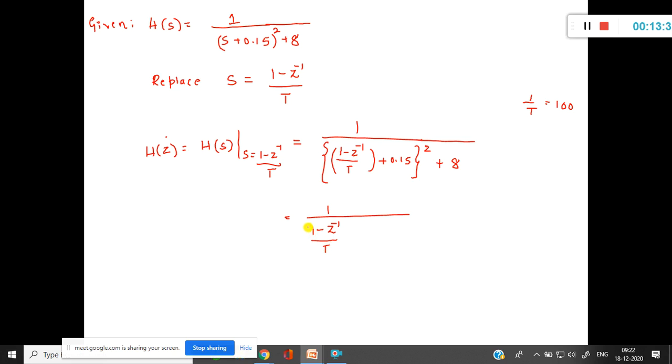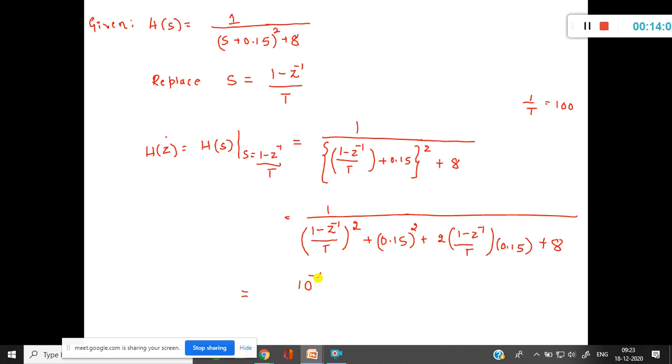So this is going to be (1 minus z inverse) whole square, a squared plus b squared, that is 0.15 the whole square, plus 2 times (1 minus z inverse divided by T) into 0.15. This is the (a plus b) whole square formula, plus 8. I request each one of you to simplify this. When you simplify this, I directly write the answer to save time.